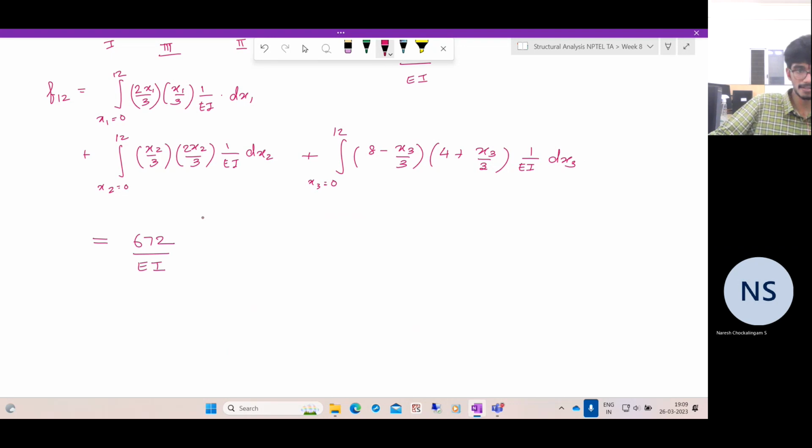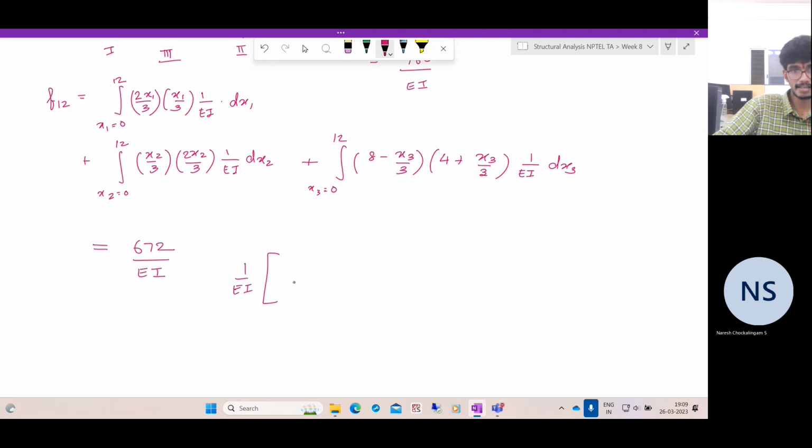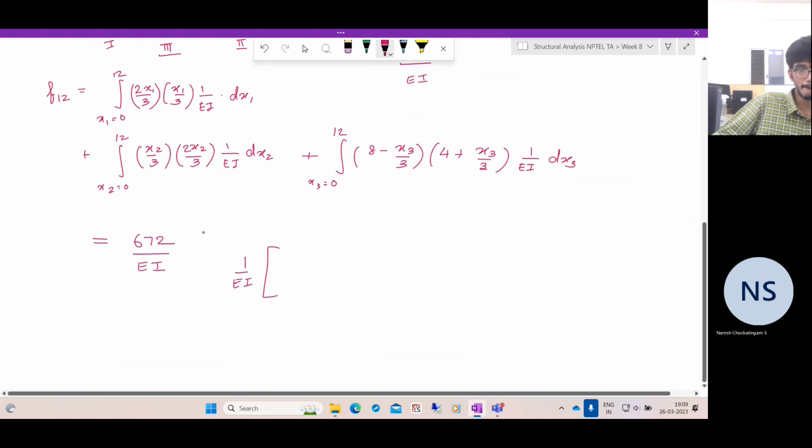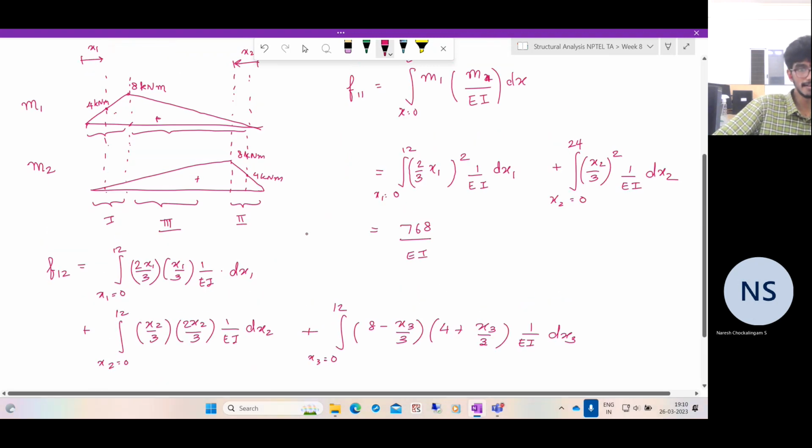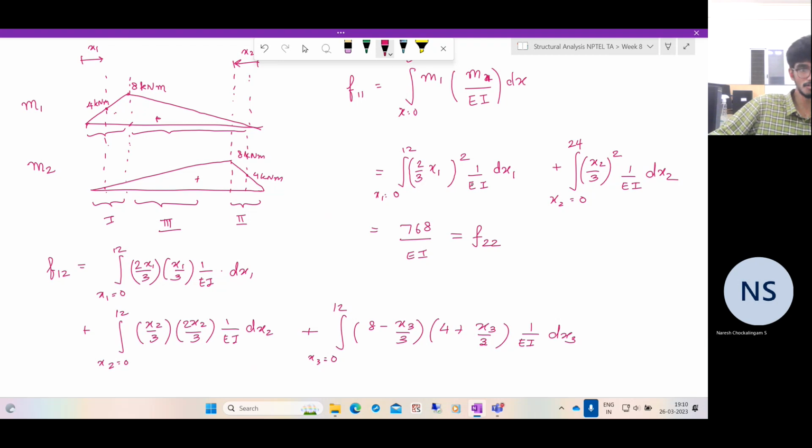So the flexibility matrix is 1 by EI. What did we get here? It is 768. Now what is F22? Note that F22 should be the same as F11. F11 is the integral of M1 square by EI and F22 is the integral of M2 square by EI, which is the area under the square of the bending moment diagram.